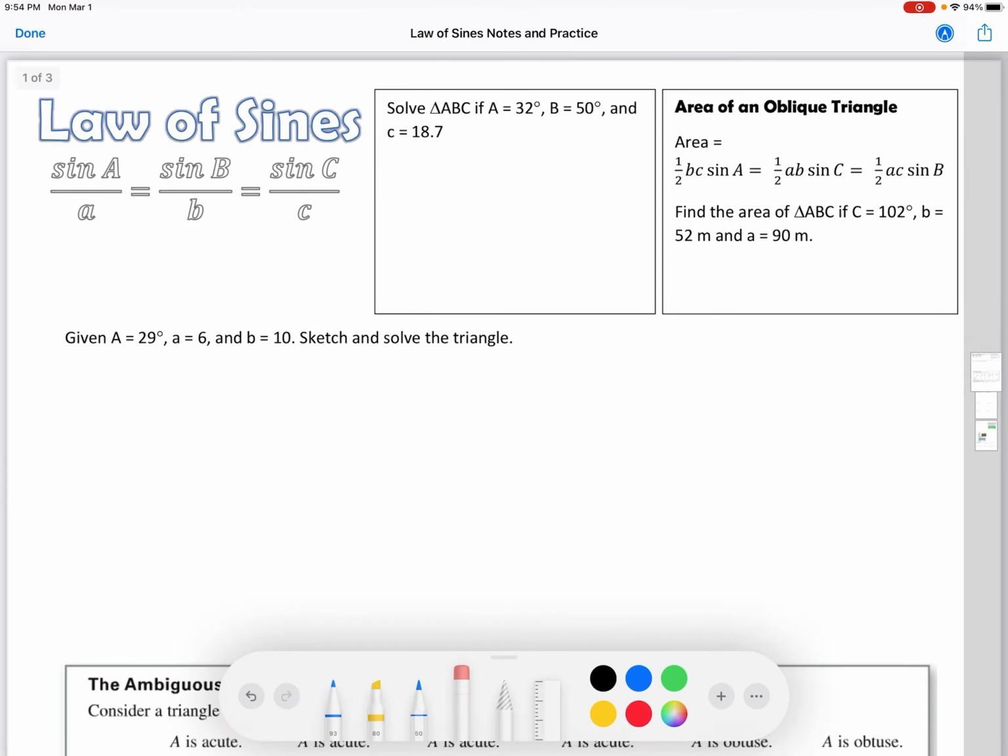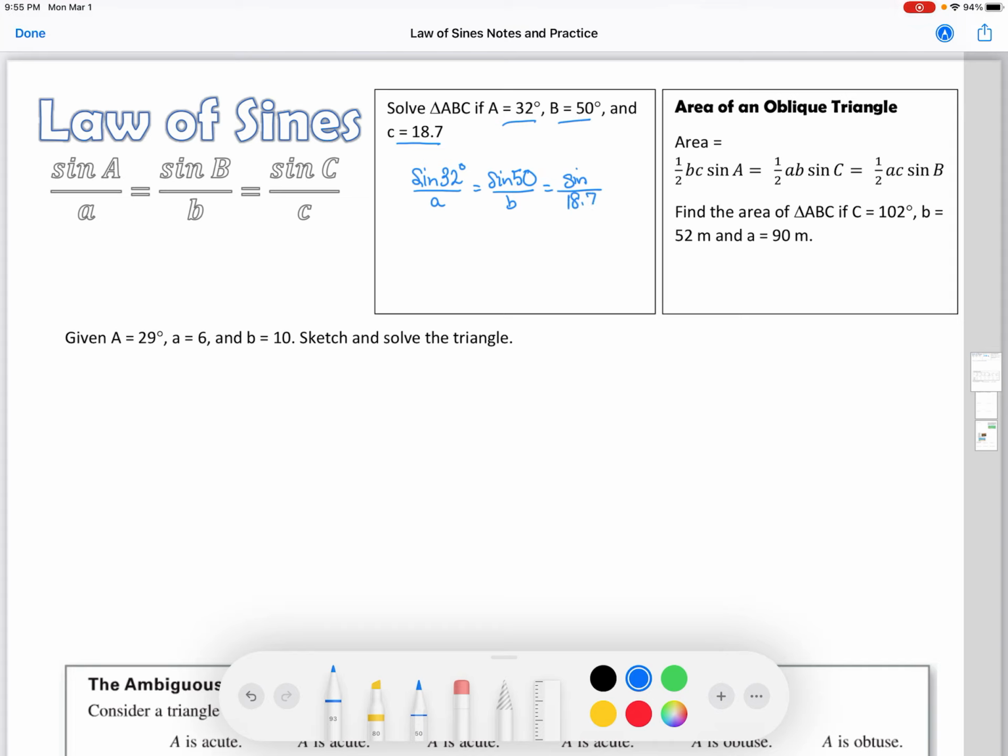So if we are working with triangle ABC and we know that angle A is equal to 32 degrees and angle B is 50 degrees and we know side C is 18.7, then the sine of 32 over side A is equal to the sine of 50 over side B is equal to the sine of something over side C, 18.7.